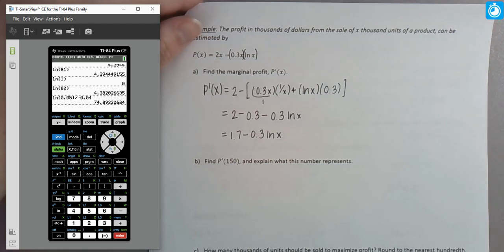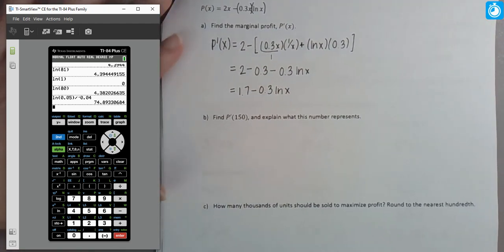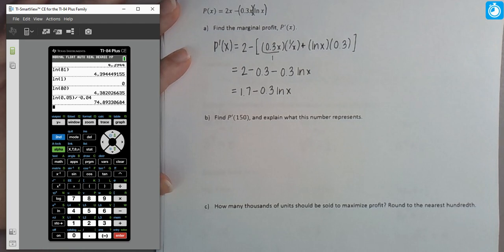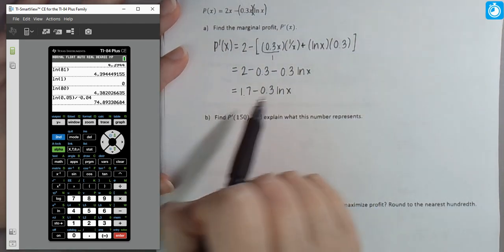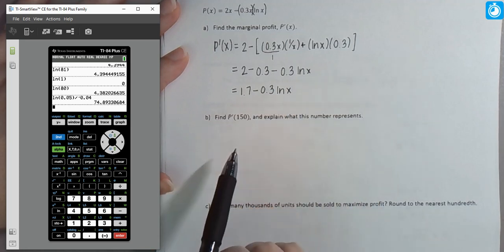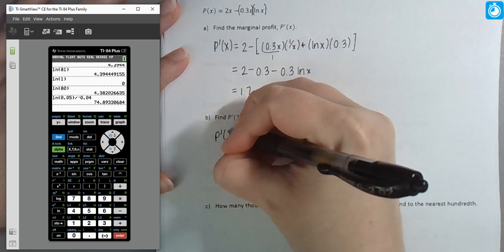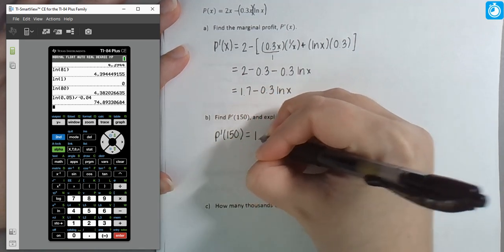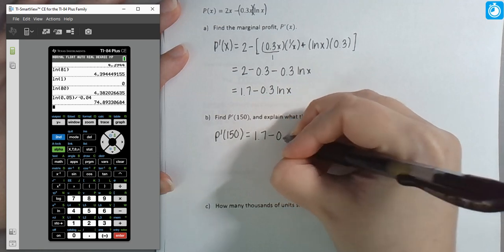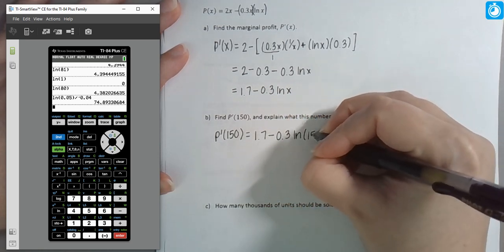Okay, next we want to find p prime of 150 and explain what this number represents. Well, we have p prime, we have the derivative. We want to evaluate this at an input of 150. So p prime of 150 is equal to 1.7 minus 0.3 times the natural log of 150.